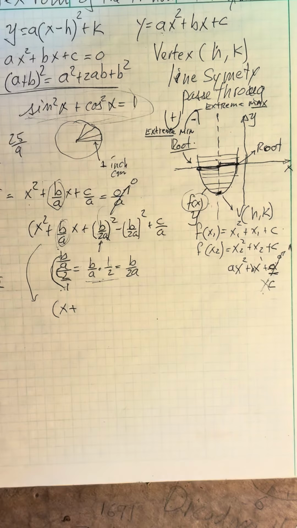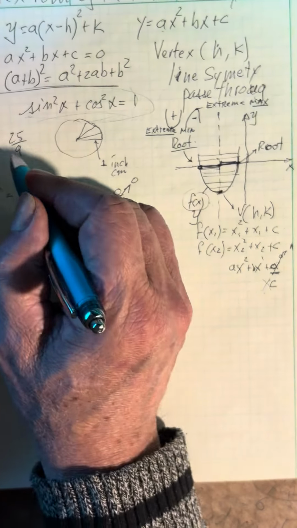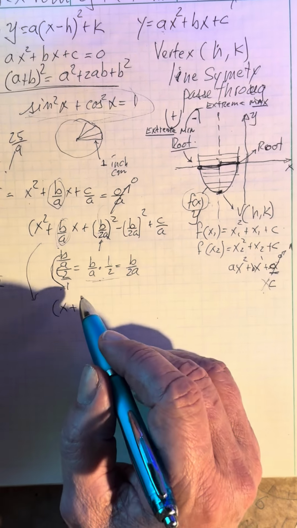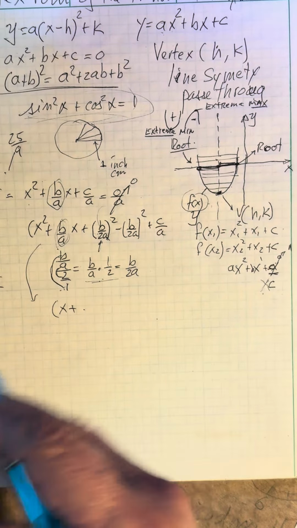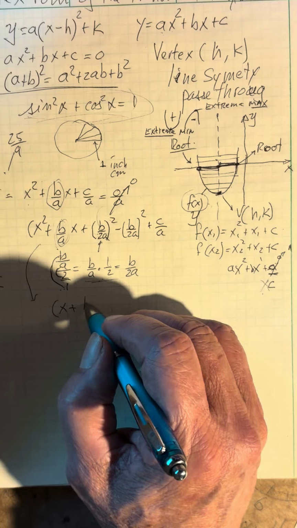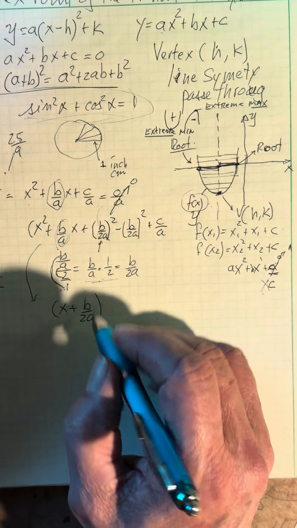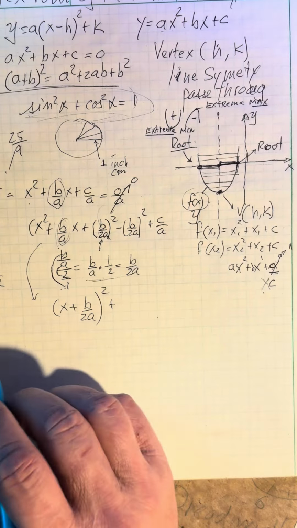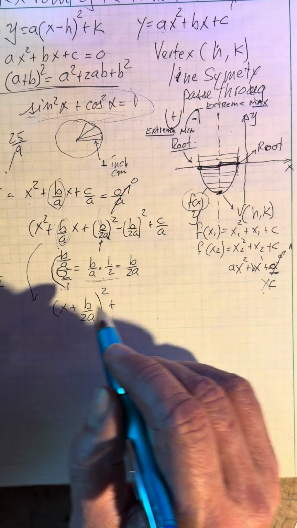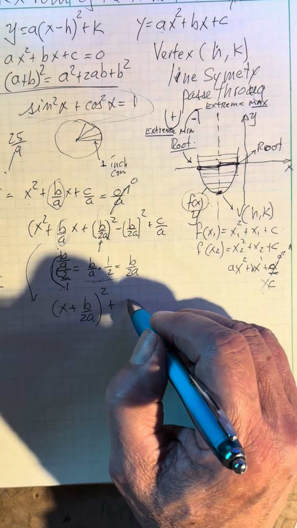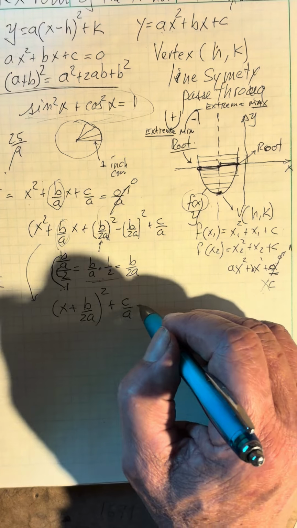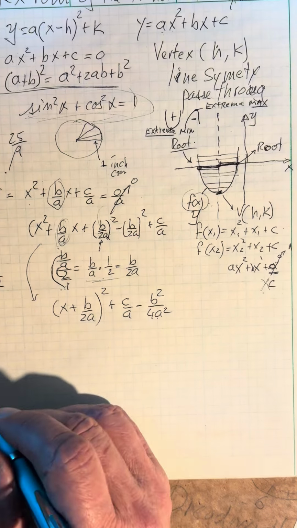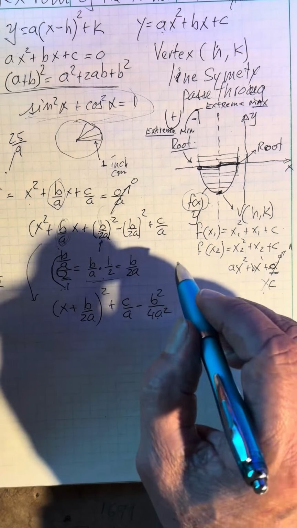Just never do that, because if you carry that and then put it in here, it will be wrong. So just get used to that. It makes you follow through a lot faster. So (x + b/2a) squared, plus, then we have this mess to take care of, which I'll put as c/a minus b squared divided by 4a squared is equal to 0.